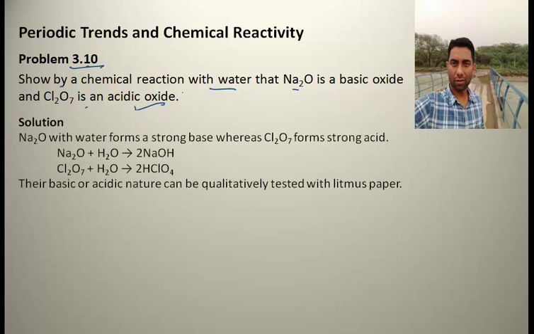You can see this, it's given Na2O plus H2O gives 2NaOH, and Cl2O7 plus H2O gives HClO4. So this one is acidic and this one is basic. So we have concluded already that metallic oxides are basic, non-metallic oxides are acidic in nature, right?